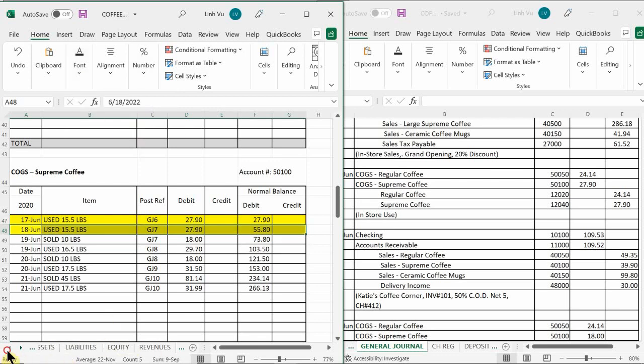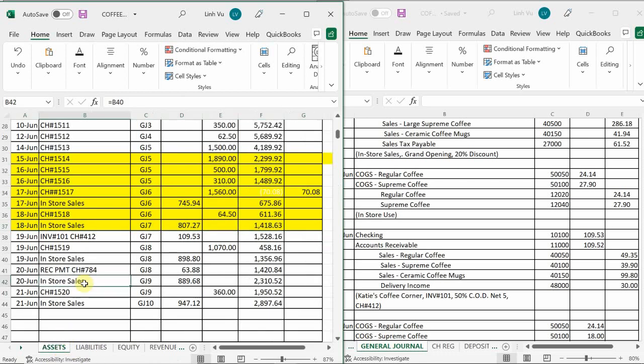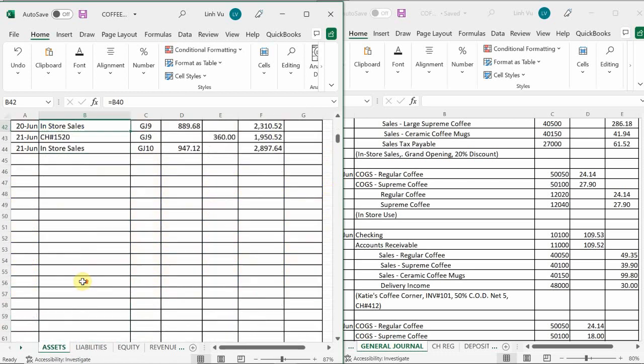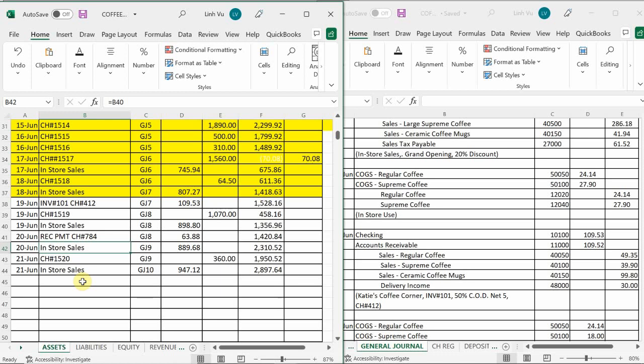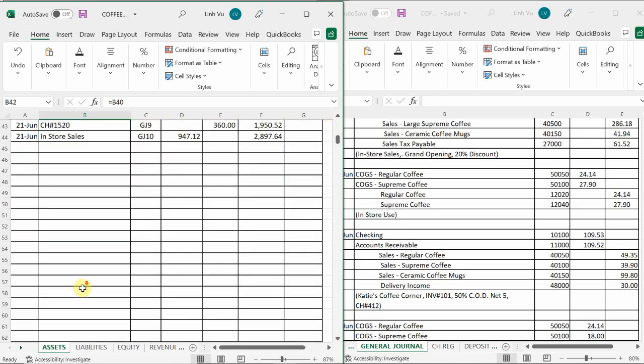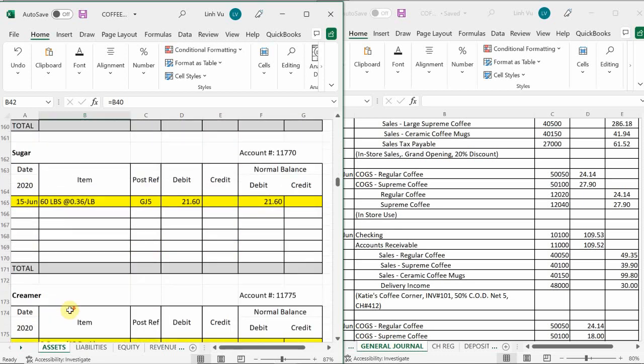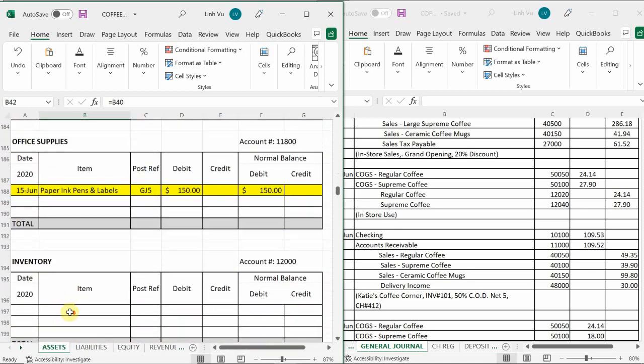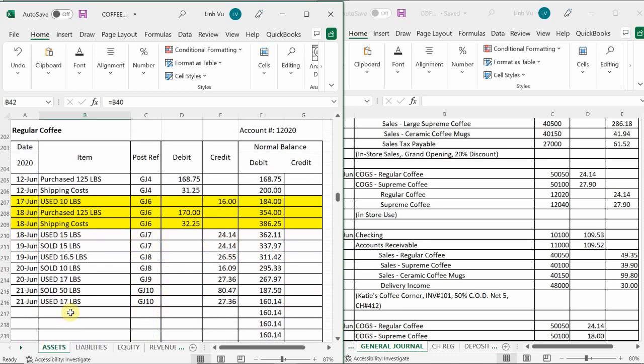We've got to go to our inventory to make sure that's correct. Okay, so regular coffee right here, $24.14.